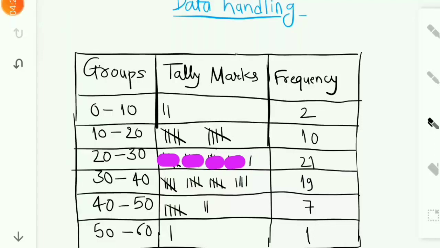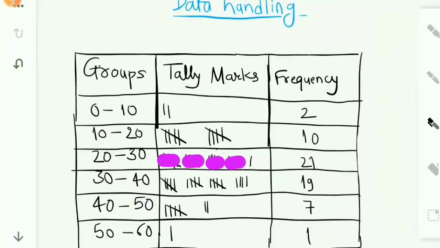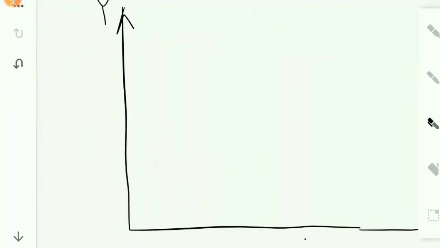Now how to show this in a bar graph? The bar graph that represents grouped data is called histogram. So this is x-axis, this is y-axis. Can you guess what will be on x-axis?